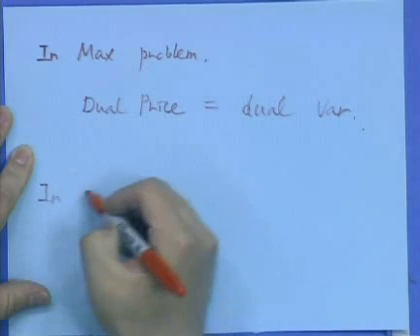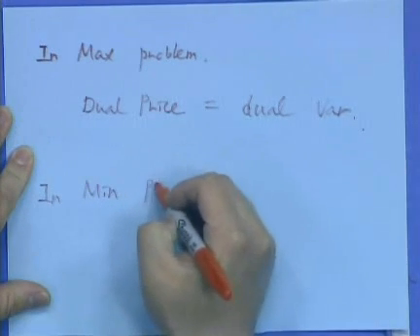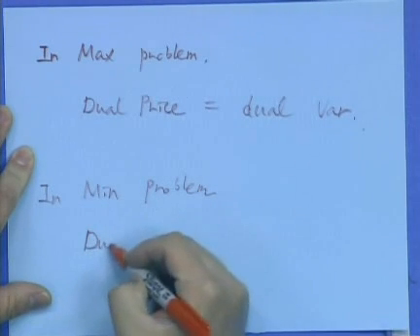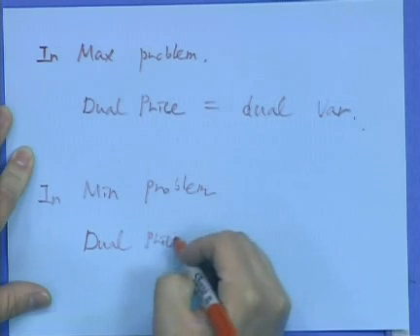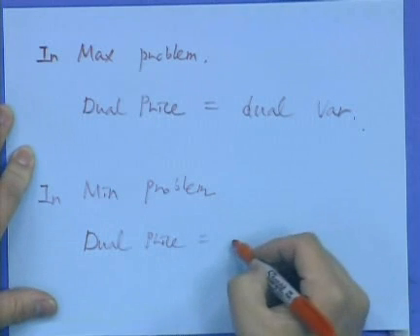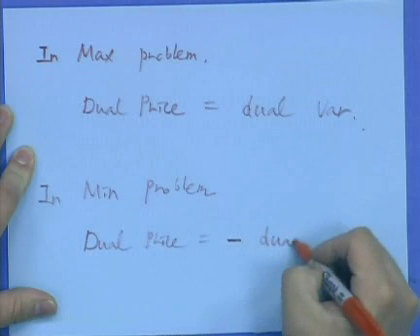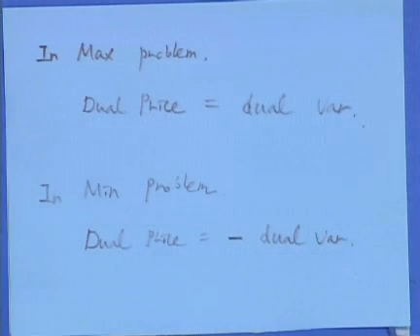However, in a minimization problem, the dual price becomes the negative sign of the dual variable. Okay?